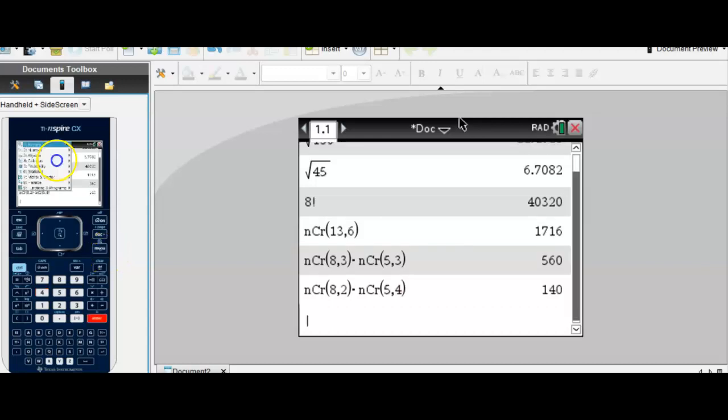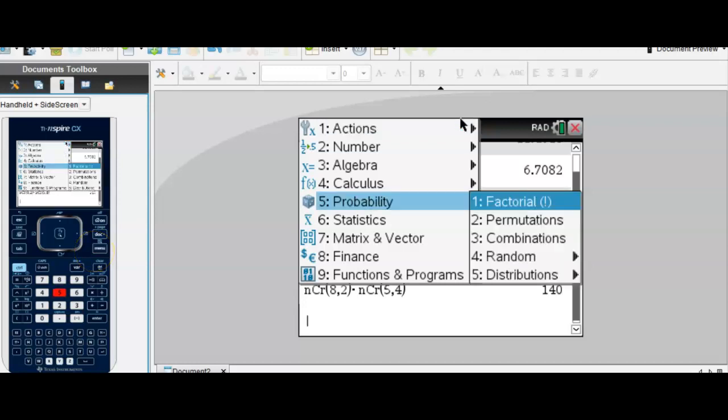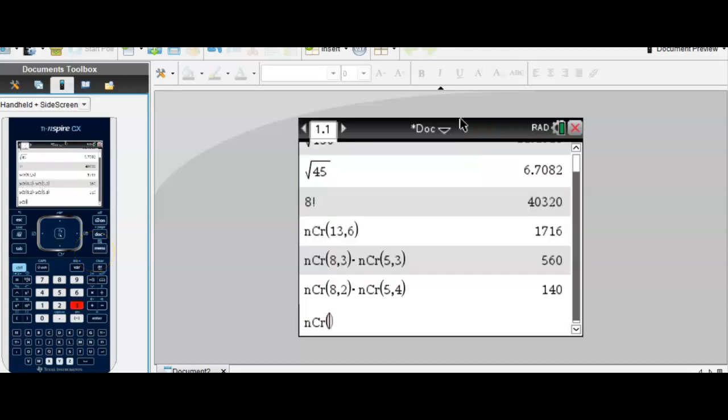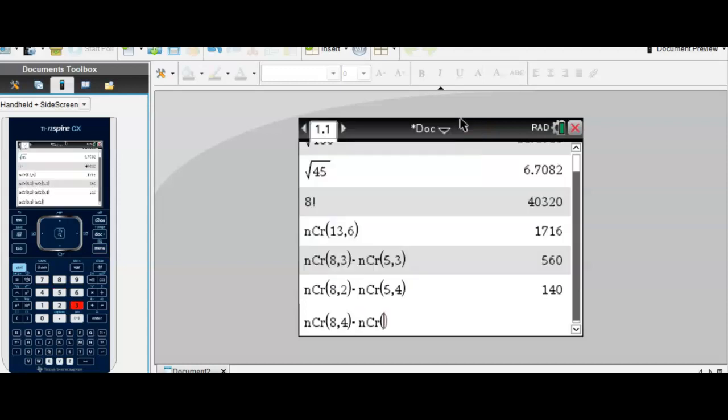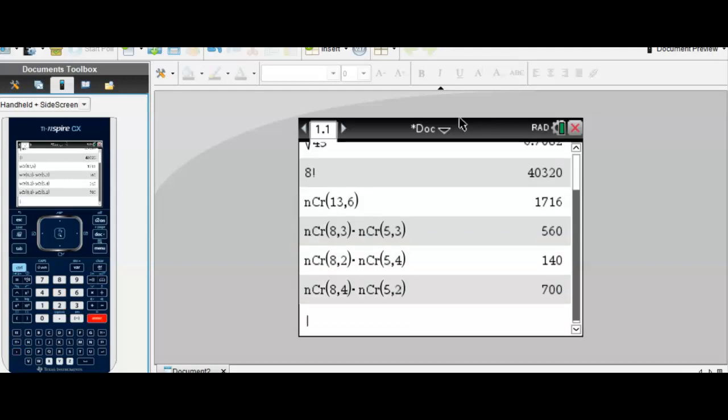While I'm in here, I'm going to calculate menu 5, 3 for, what was it, 4 boys, so 8C4, and that was to be multiplied by menu 5, 3, and this is now, what are we choosing from 5 girls? We need to choose 2. So there are 700.